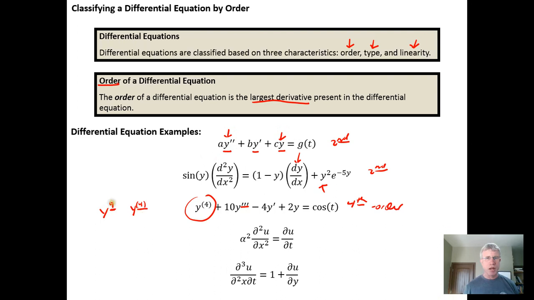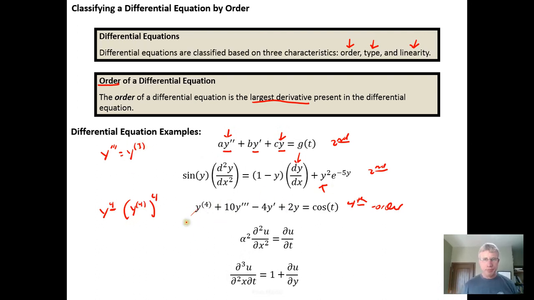This would be fourth power of y. If we wanted to raise the fourth derivative to the fourth power, it would need to look something like this. We would take the fourth derivative using the parentheses and then say I have the fourth power of the fourth derivative. And even with the y prime and y triple prime notation, instead of doing y triple prime, I could say this is y, the third derivative of y.